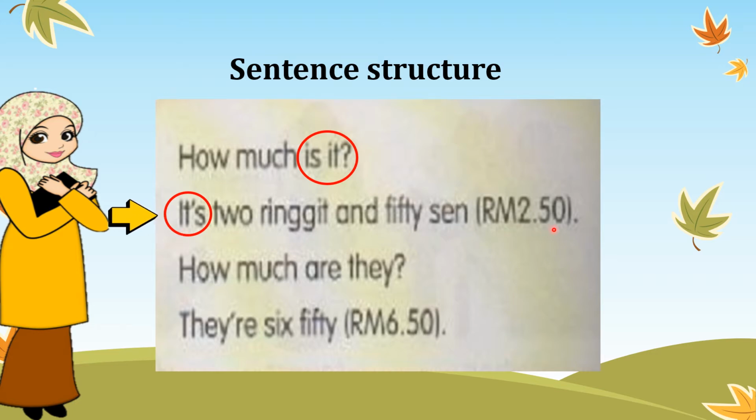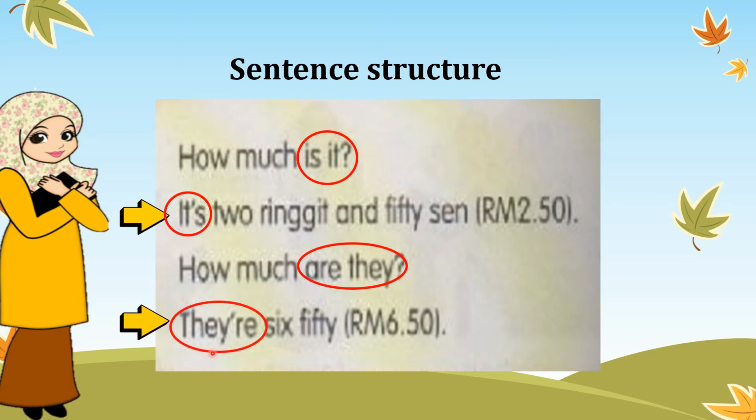How much is it? Then the answer must be it's. Okay. Next one. How much are there? So I circle this. So when you want to answer, you have to say there are 650.